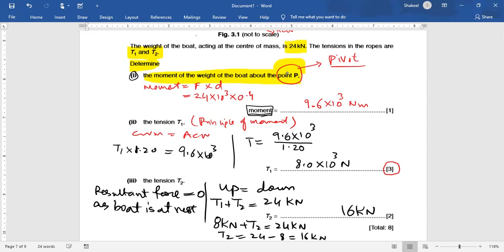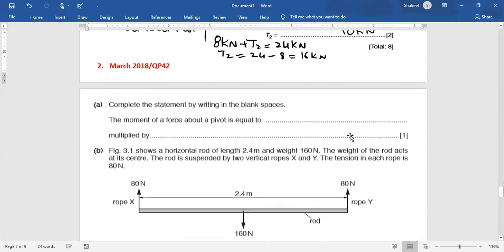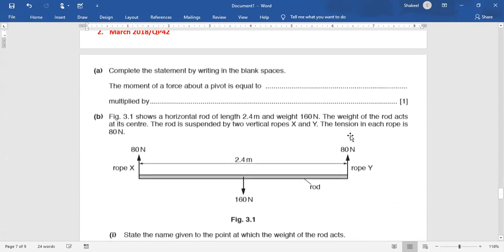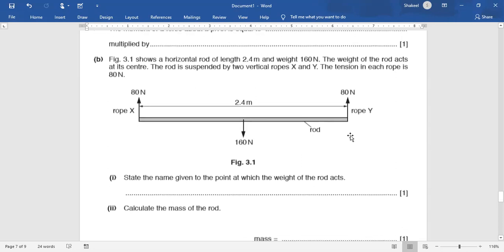Sometimes you use, like in part 2, you use the moment equation, and in part 3, you use resultant force equal to 0. Okay, for the next question, you can just stop the video and solve this question. The second question is March 2018, question 42. You can stop the video and solve it.